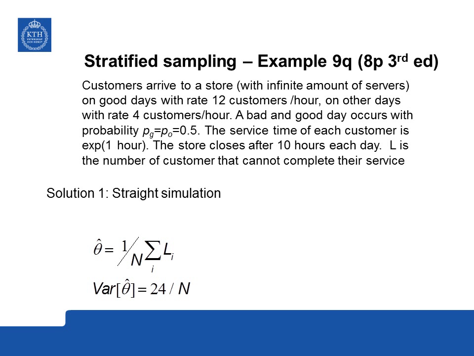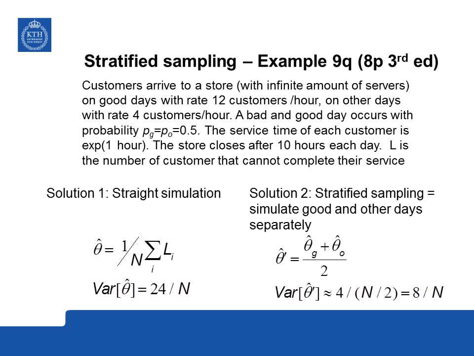In the other solution, we do 2 simulations. One is simulating a good day with a constant arrival rate of 12 customers, and in the other simulation we simulate the other day, or bad day. Since these events occur with 0.5 probability each, our estimator theta prime will be 1/2 of the sum of the 2 estimators.